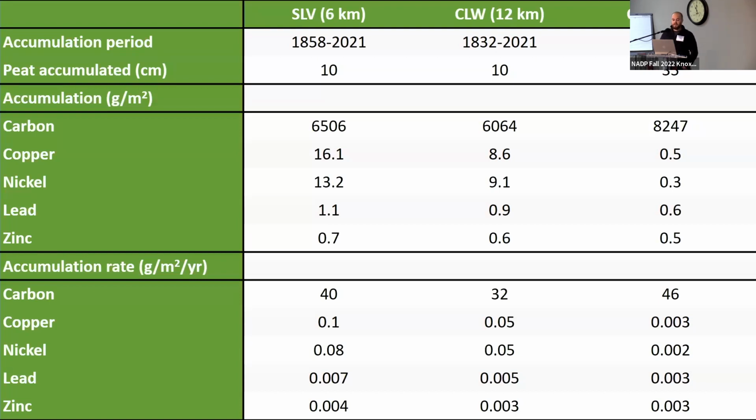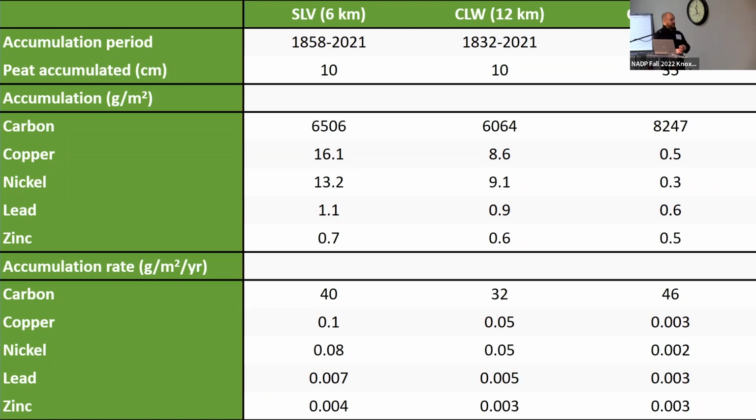So what does that mean for overall accumulation rates? Despite the fact that the depth of peat was much deeper at the Cartier site, because that upper layer for Silver Lake and Clearwater Lake was so dense, what it means for total carbon accumulation is that the values were actually quite similar.